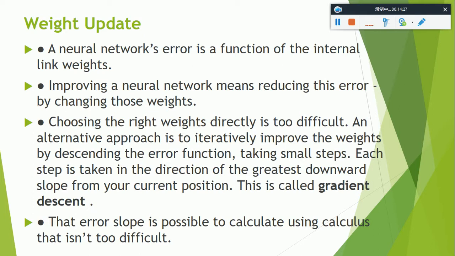But it is difficult for us to choose the right weights directly. So we assign the neural network's initial weights randomly, and then we update the weights using a technique called gradient descent to make the error smaller and smaller. So this is the weight update.